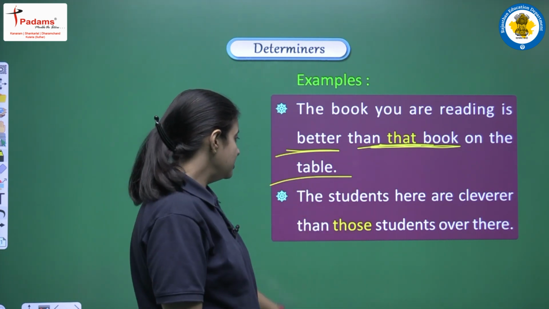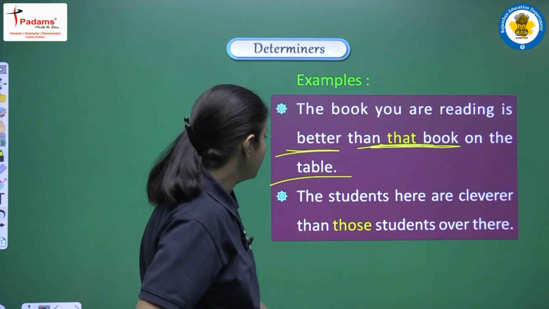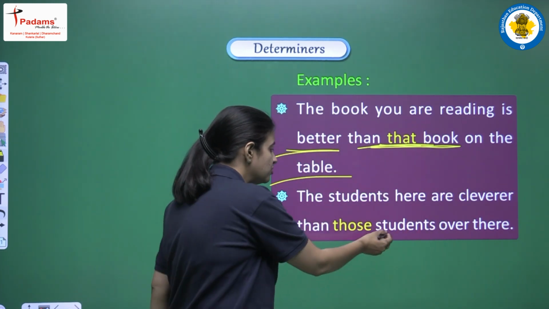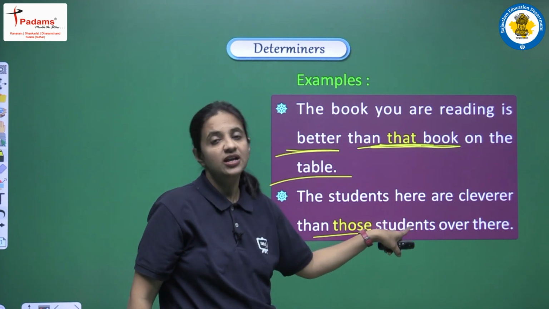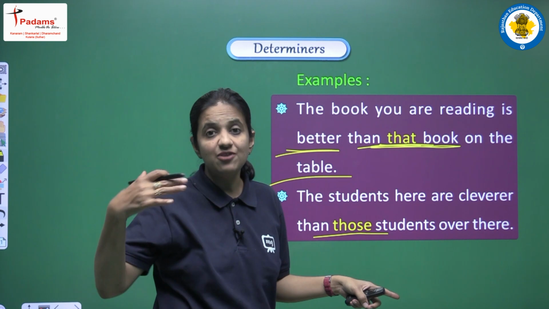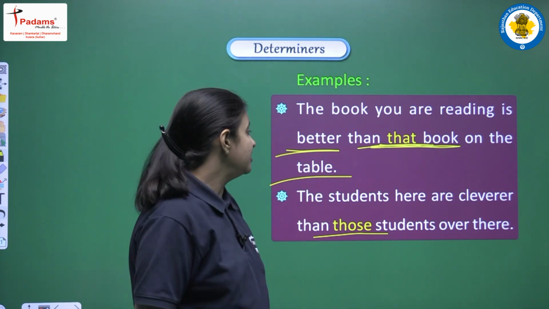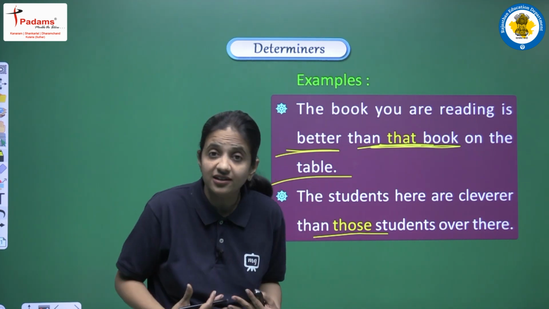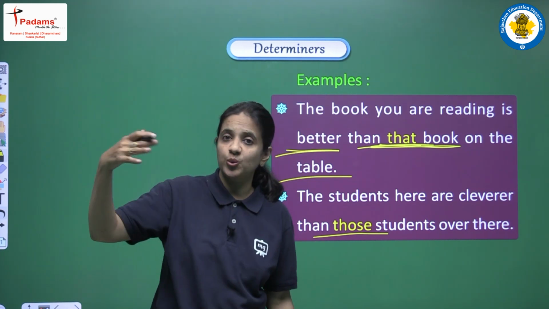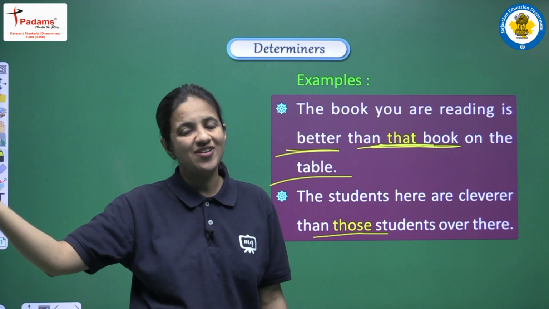Second: the students here are cleverer than those students over there. Those means we have a plural noun, and we are talking about students who are very far away. The students who are here are cleverer than those students who are over there.